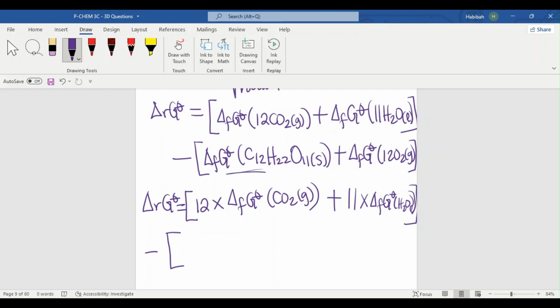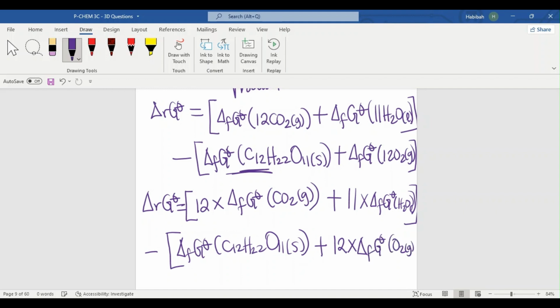This entire information will remain the same because we don't have a coefficient greater than 1 that we have to bring out. So it's just going to be this, C12H22O11 solid. Plus, here we have a coefficient greater than 1. So we're going to say 12 times the Gibbs energy of formation for O2 gas.